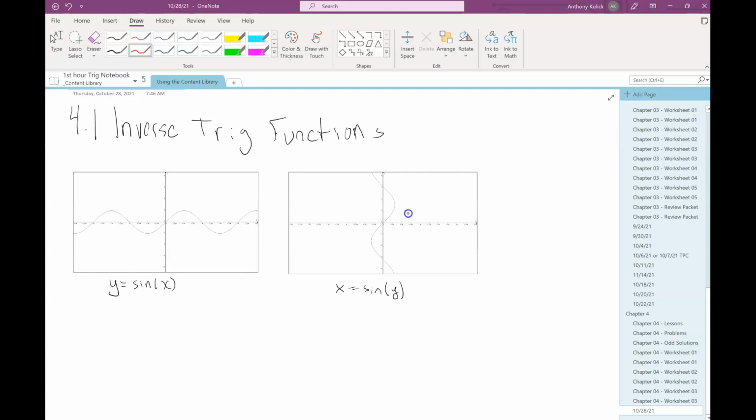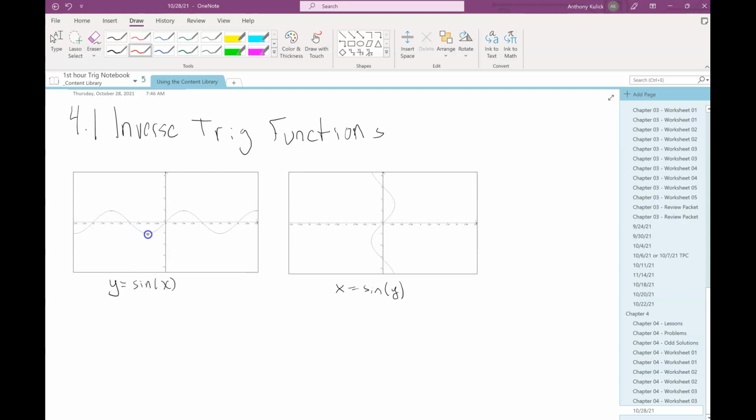So what we want to do then is restrict the domain for y equals sine x, so that when I swap the x and y coordinates, I end up with something that's a function. I want to make sure that none of my y coordinates get repeated.